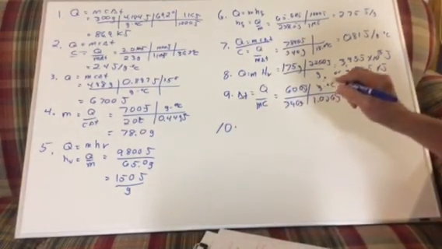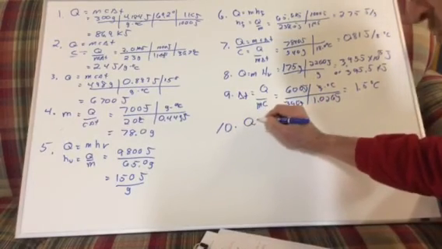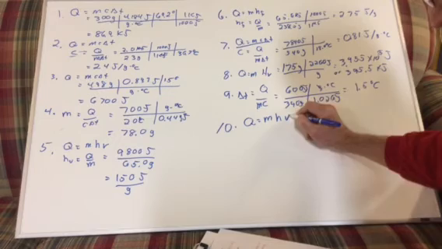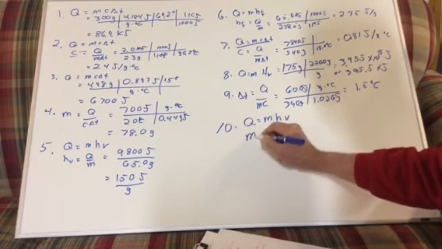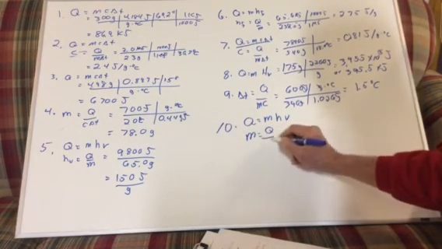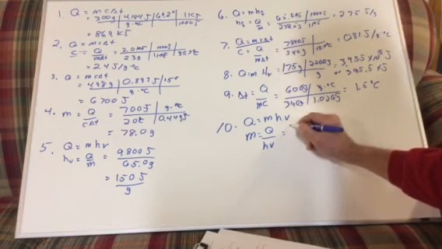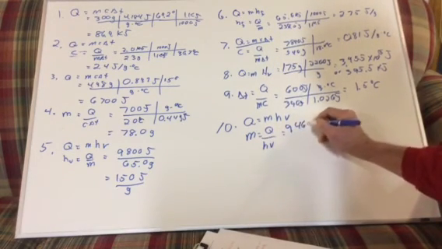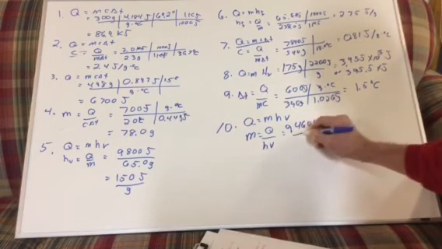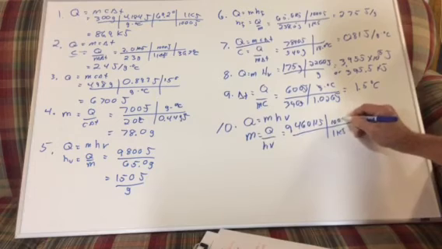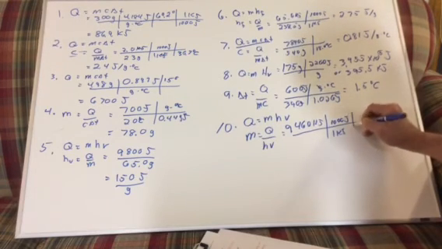Okay, on number 10, Q equals m heat of vaporization. So it's asked to find mass. Q over heat of vaporization. You're told that you have 9,460 kilojoules. 1 kilojoule is 1,000 joules.